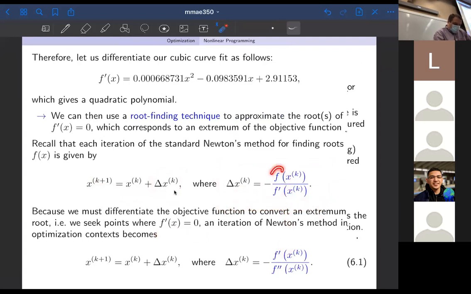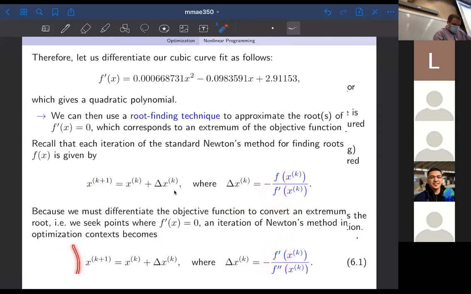So this f in Newton's root finding technique becomes an f prime. This f prime becomes an f double prime. Does that make sense? Because now I'm looking for the roots of f prime of x rather than the roots of f of x. So that's why these get upgraded from 0 and 1 to 1 and 2.